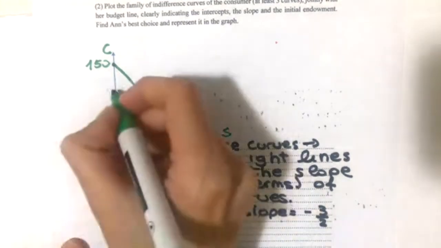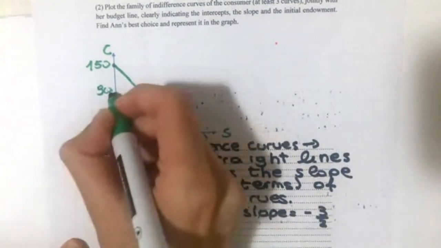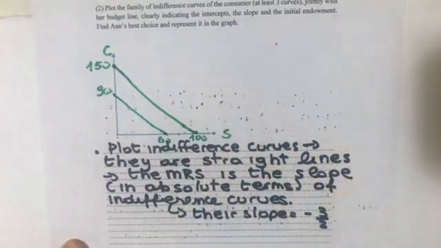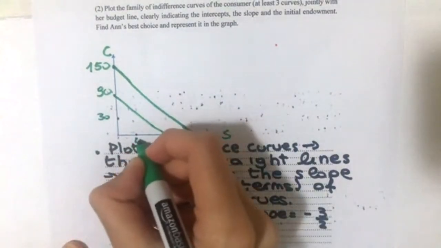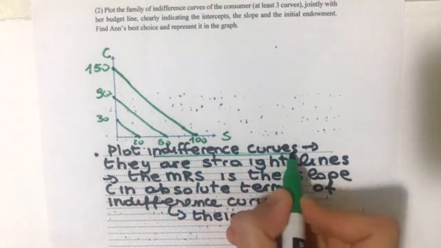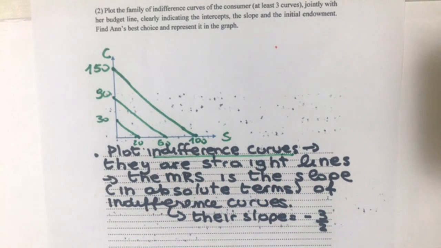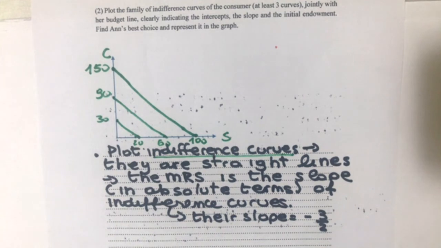Then other examples, 90 and 60, and that's another one. Or 30 and 20, that's another one. At this point, I have drawn 3 indifference curves. They are in green. You can draw any other line, for example, 300 and 200, that's fine, as long as the slope is minus 3/2. Okay? And that was the first thing.